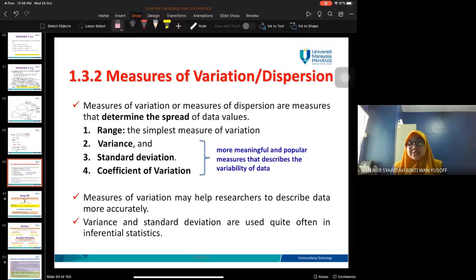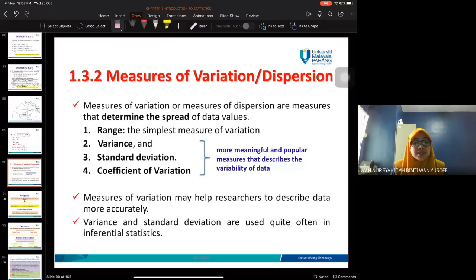So how close they are to each other, how consistent your data is, how spread your data is, all of that is variation. The term that we use is variation.